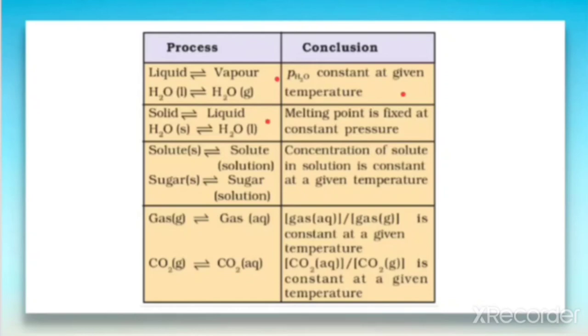But in the case of solid-liquid equilibrium, the melting point is fixed at a constant pressure. In the case of solute-solvent equilibrium, for example sugar solid to sugar solution, the concentration of solute in the solution is constant at a given temperature.